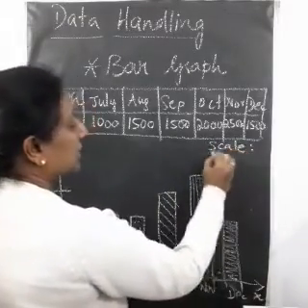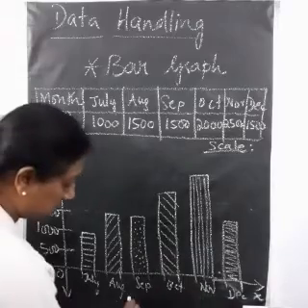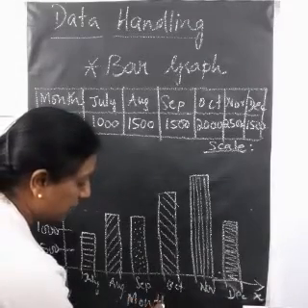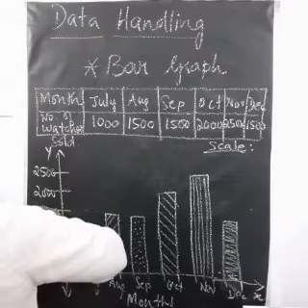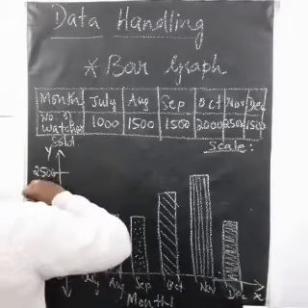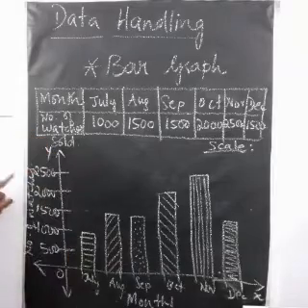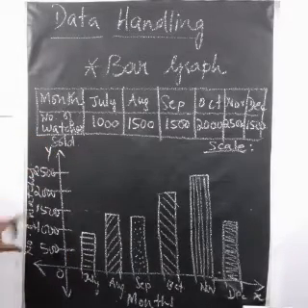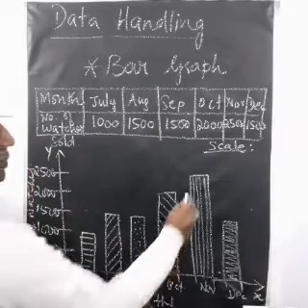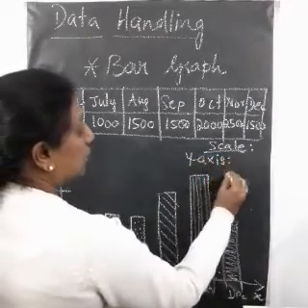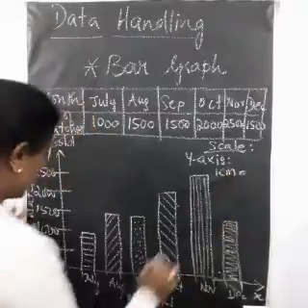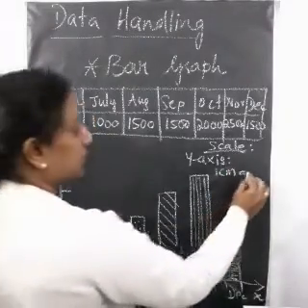In the scale, now x-axis is having months. So you can write months here, no problem. Here you will write number of watches. Number of watches, so this will be written on the y-axis. So y-axis only we have a scale. So you will say y-axis, 1 centimeter equal to how many units? 500 units.